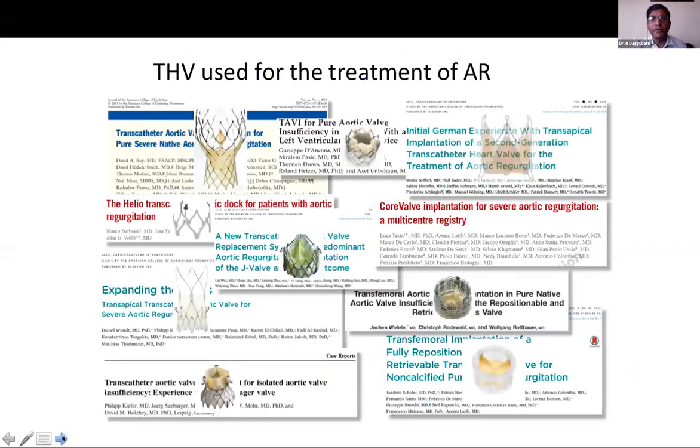Despite all these limitations, there is great interest in TAVR for aortic regurgitation, judging by the number of publications in the recent 5 to 10 years. People are really trying to push the envelope.